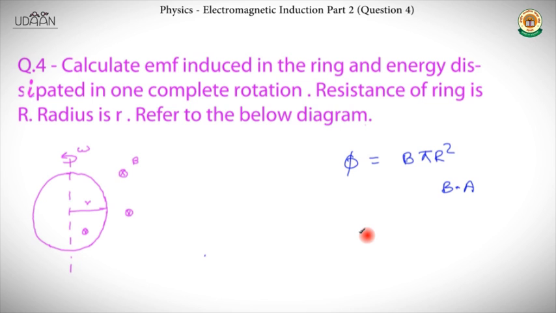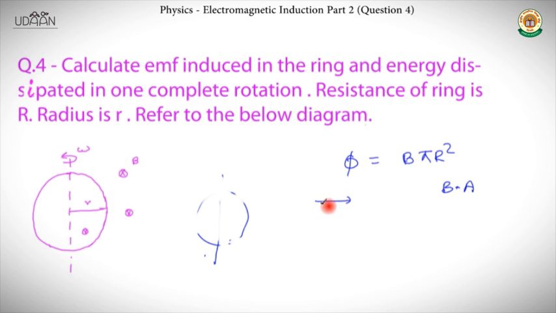But here what happens is the ring is moving out of the plane of the paper. Let me consider that at any time t the ring would have rotated by an angle of omega t, right? So I am drawing a vector diagram of the area. Initially the area is pointing in the outward direction.